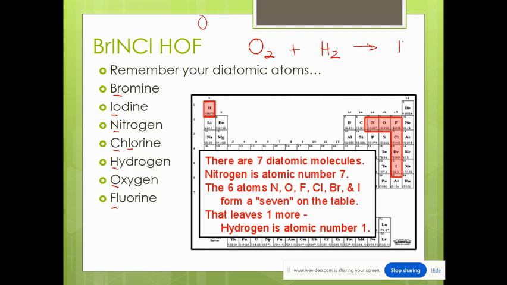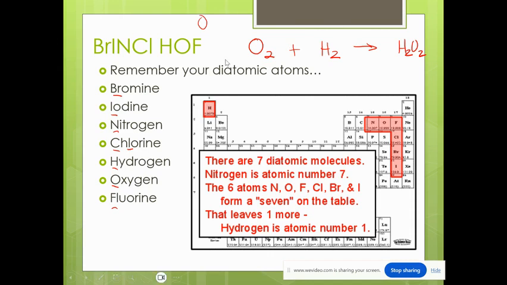And then you're going to come over here and you're going to form some hydrogen peroxide. Okay. The key point is that when we say oxygen reacts with something, you write oxygen down like this. If we say hydrogen reacts with something, you're going to write it down like this. So these are Brinkelhoffs. When they are not combined with anything else, they're always combined with one of themselves. Got it?